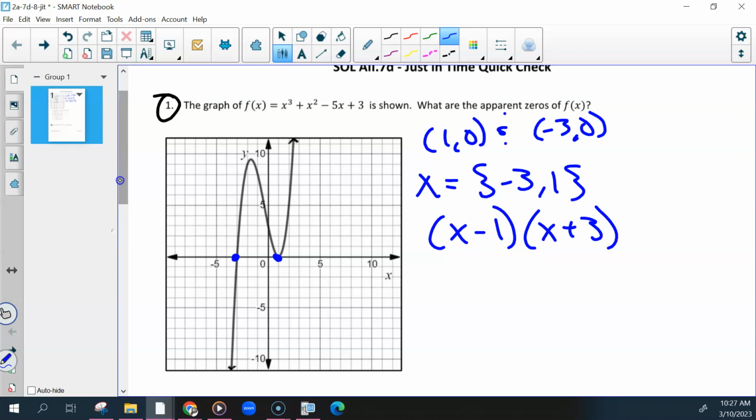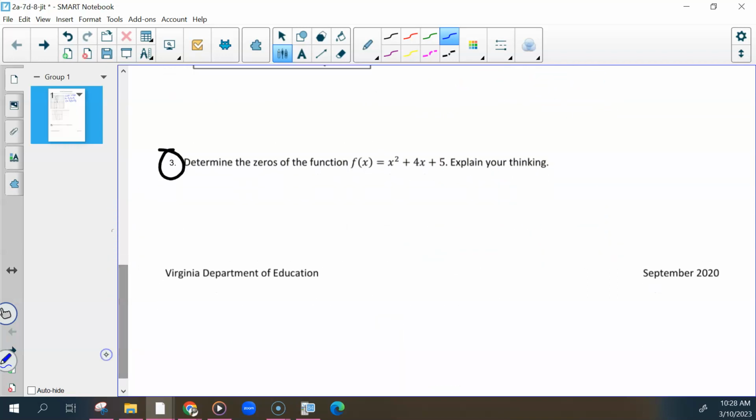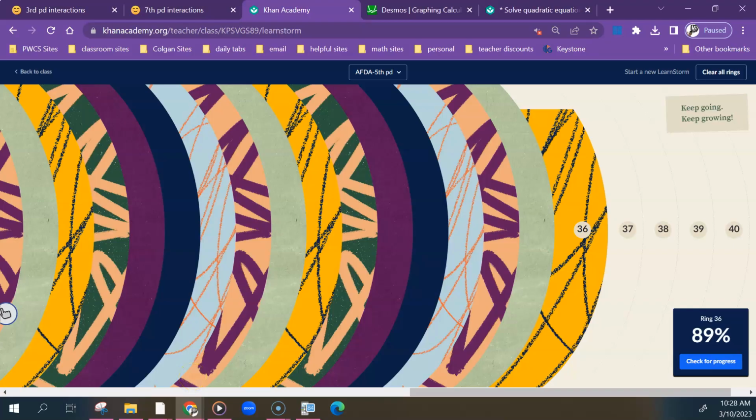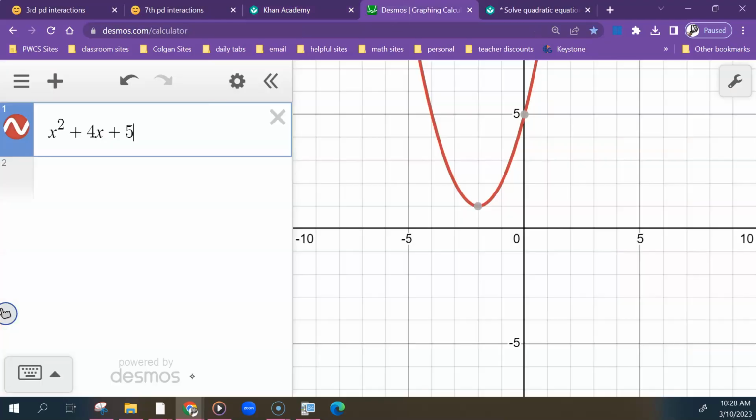Questions on that first one? The third one, you could either put in Desmos or put in your calculator. So I had this in there earlier.